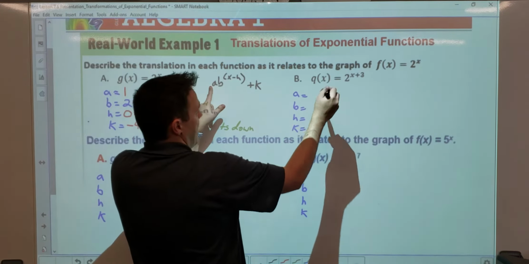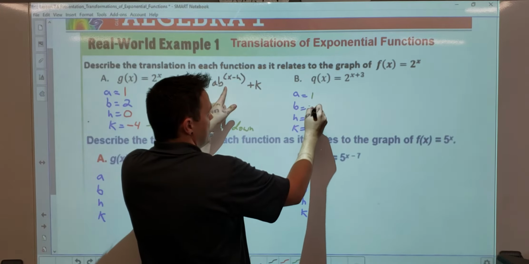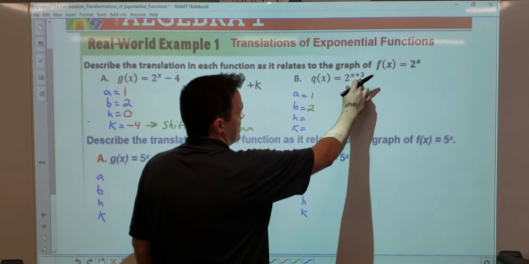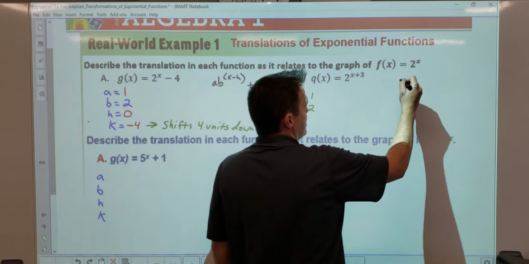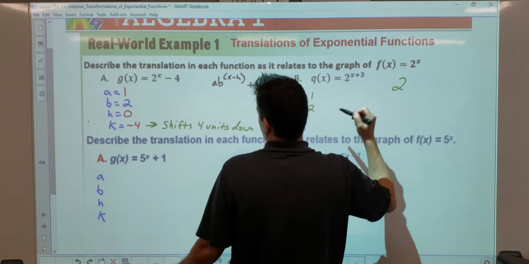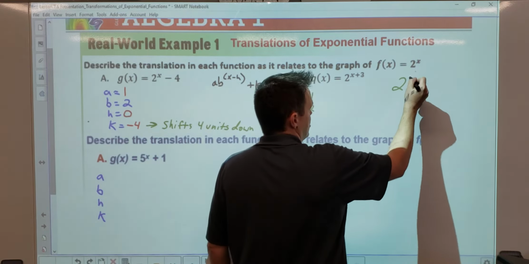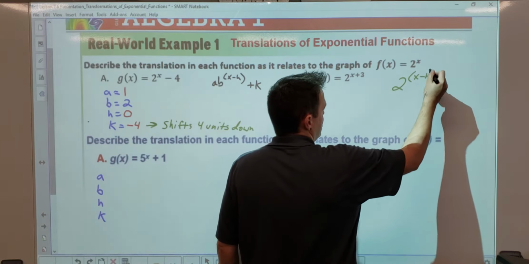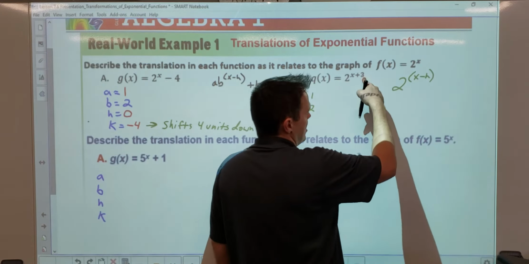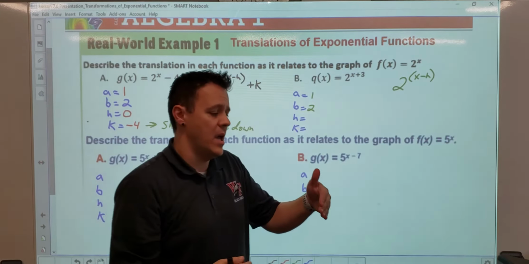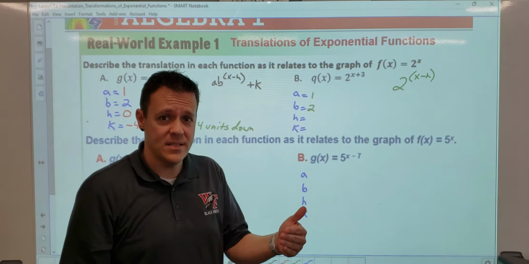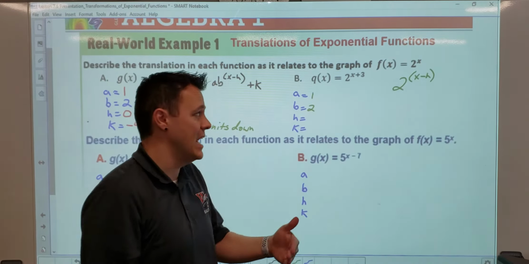So once again, my a is going to be 1, my b is 2, my h in this case, one thing you guys need to know is this equation is actually, remember, it's supposed to be written as 2, and then it should be x minus h. Well, ours is actually a plus. So how do you go from a negative to a positive? You would by putting in a negative number.